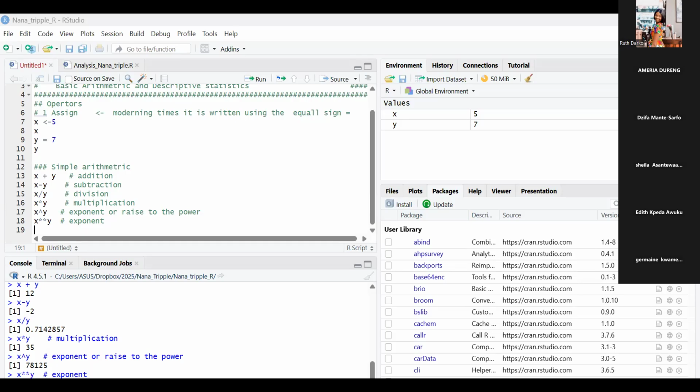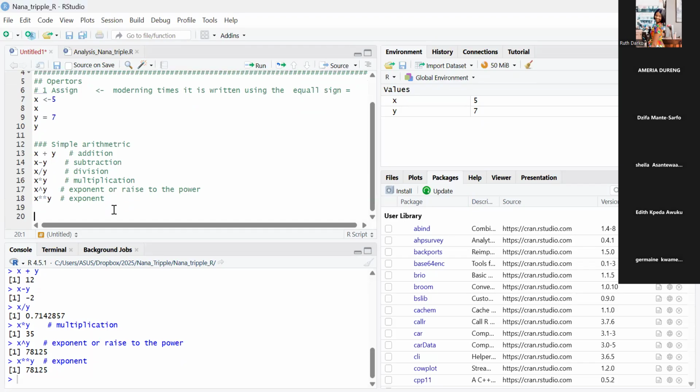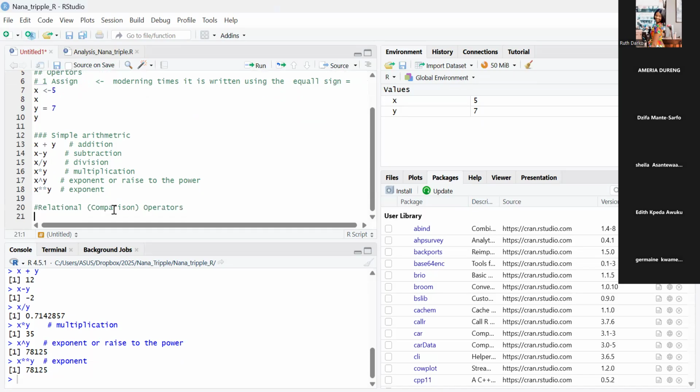Then the next thing we looked at is relational operators, or signs. For example, if I say X is greater than Y, is it true?